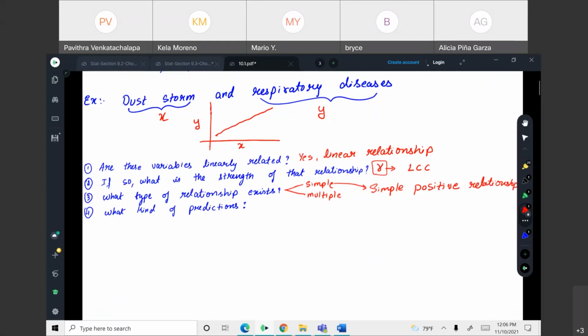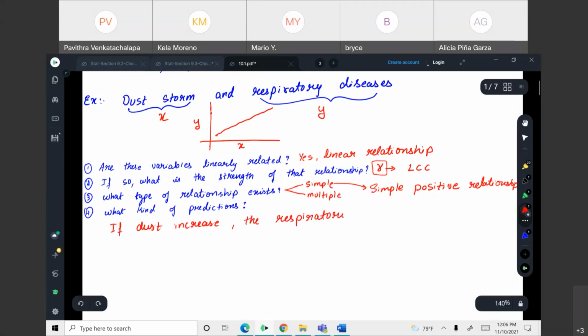Now, what kind of predictions can you make? I just give you this plot, and if I tell you to make some random predictions, you can easily say that if the dust increases, the respiratory problems also increase.